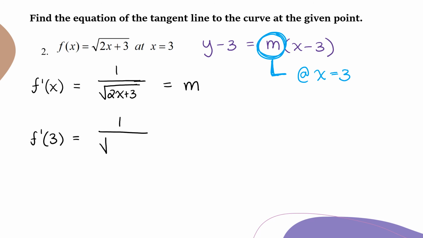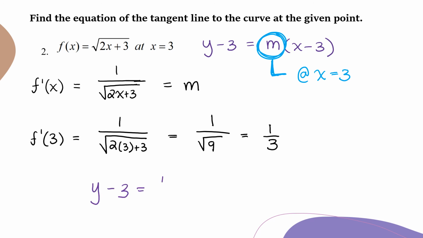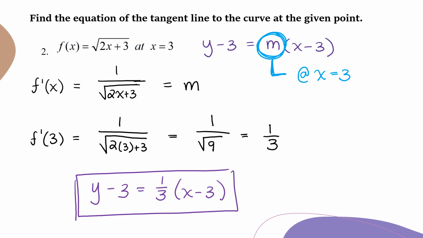So we have 1 over the square root of 2 times 3 plus 3, which is equal to 1 over the square root of 6 plus 3, which is 9. So that's 1/3, which means that the equation of the tangent line to our curve is y minus 3 is equal to 1/3 times x minus 3. And that's the equation of the tangent line to this curve at this point.